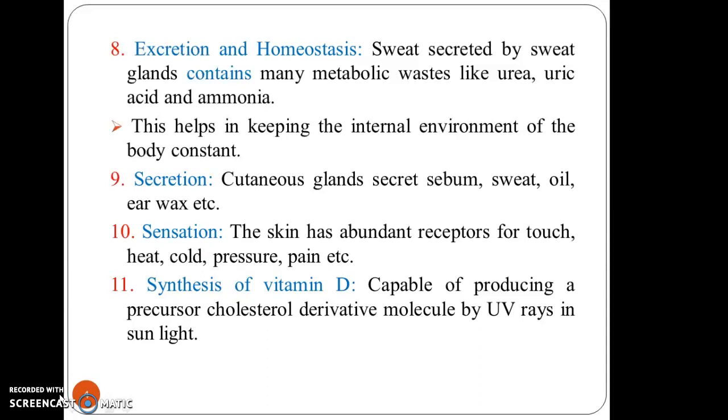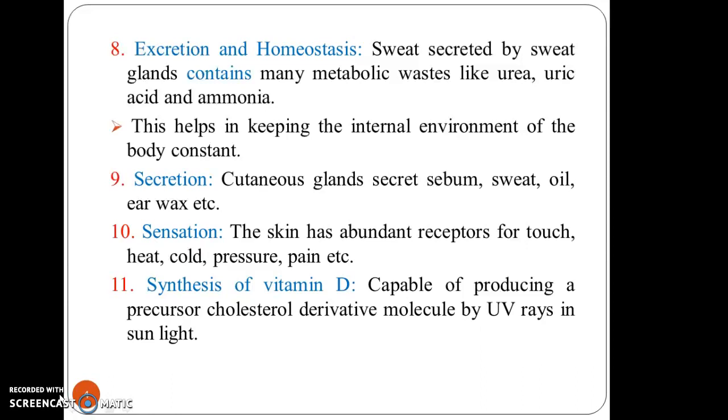So this helps in keeping the internal environment of the body constant. It maintains the normal temperature by excreting the sweat, etc. Next function is secretion. Cutaneous glands secrete sebum, sweat, oil, earwax, etc.